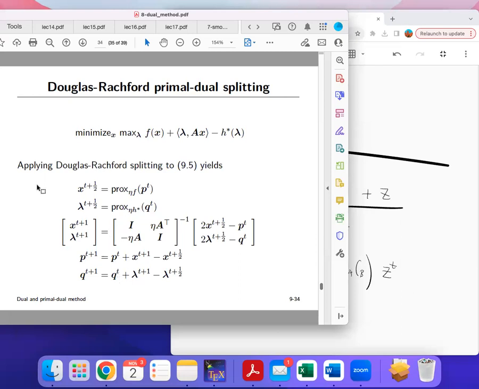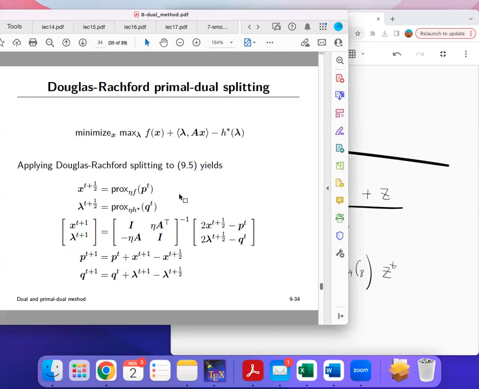Okay, let's look at this algorithm. The first 2 steps are proximal mappings. If you give me a PT and a QT, which will be updated later, I compute the proximal mapping of F and H conjugate.